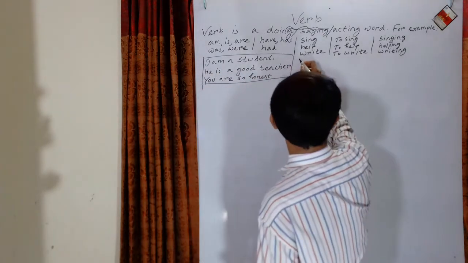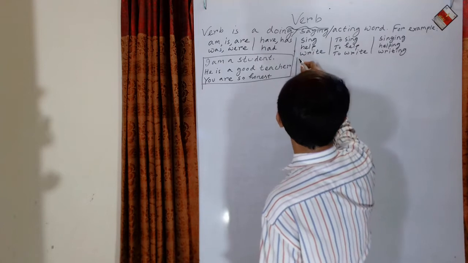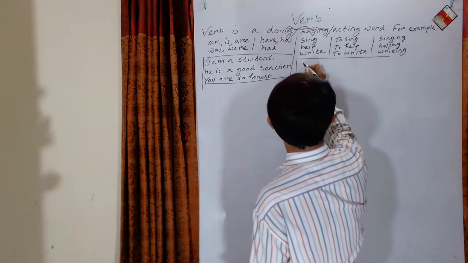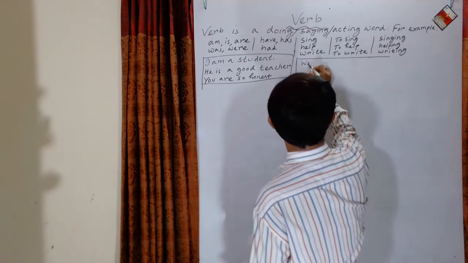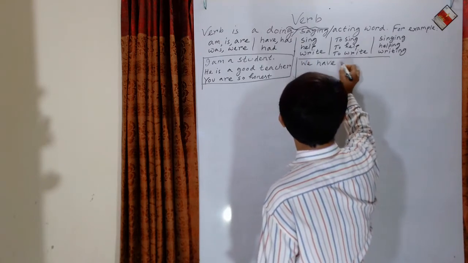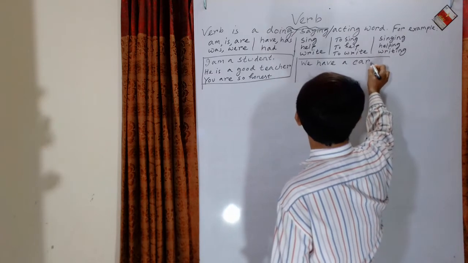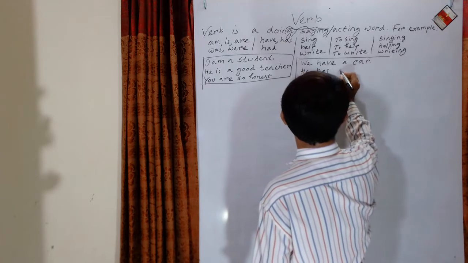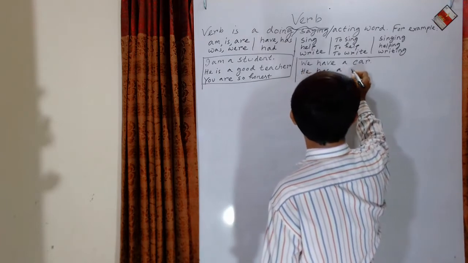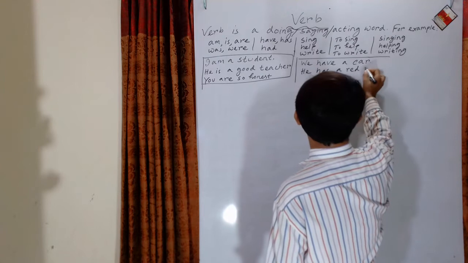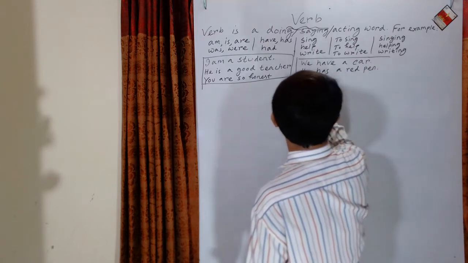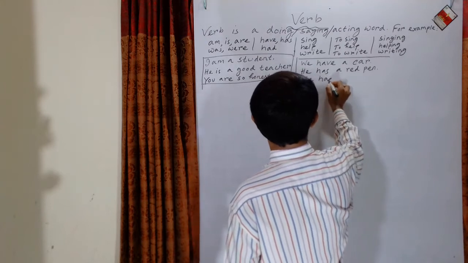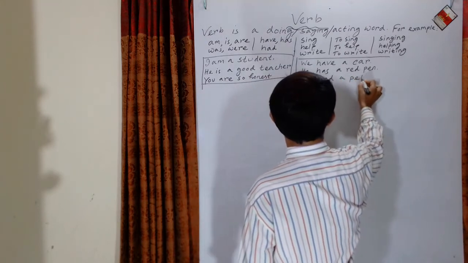If I write another example, we have a car. He has a red pen. She had a pet.